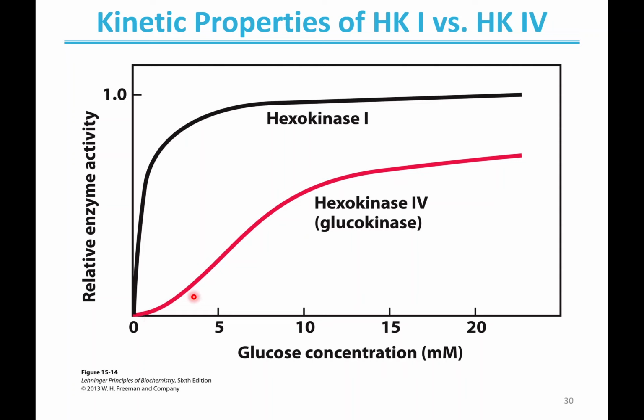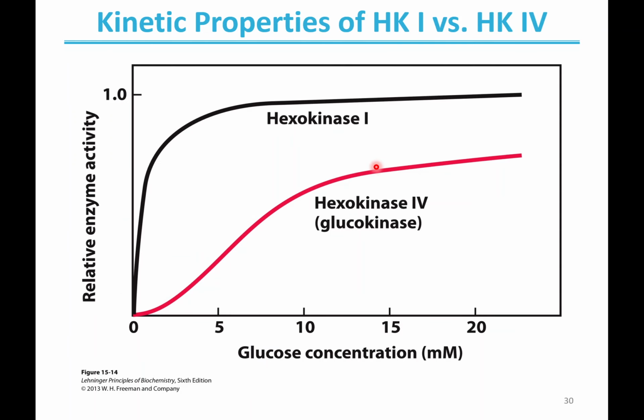Hexokinase 4, however, has a larger dynamic range. It has a higher Km value, so a higher dynamic range that it can adjust its rate of catalysis.